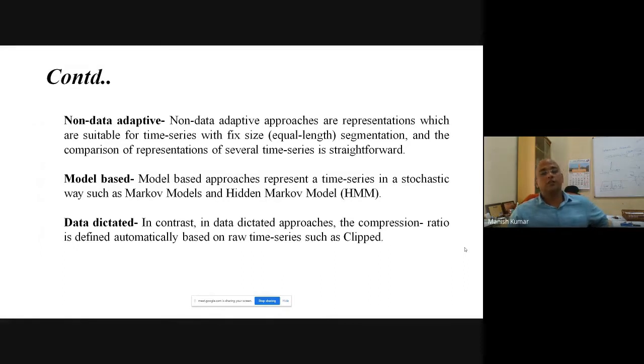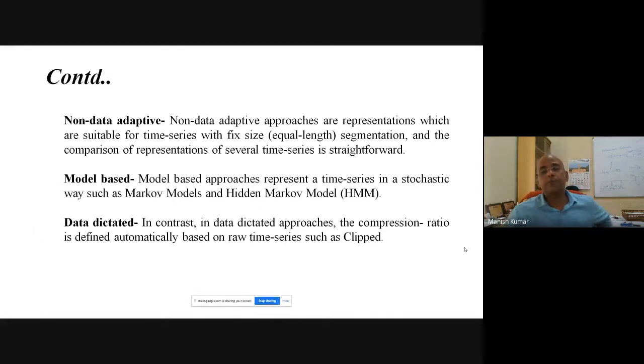Model-based approaches are the famous models like Markov models or hidden Markov models. These represent a time series in a stochastic way. Data dictated is in contrast, because in data dictated approaches, for example, the compression ratio is defined automatically based on the raw time series, such as clipped.